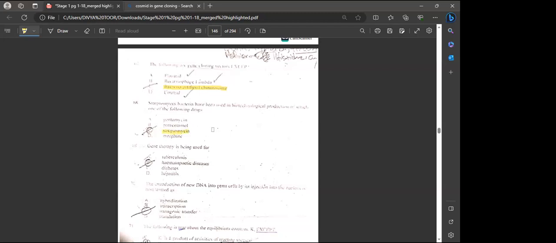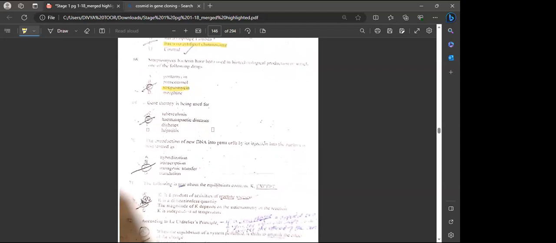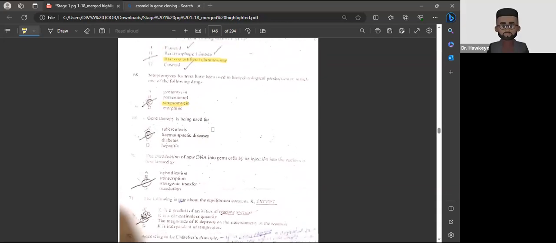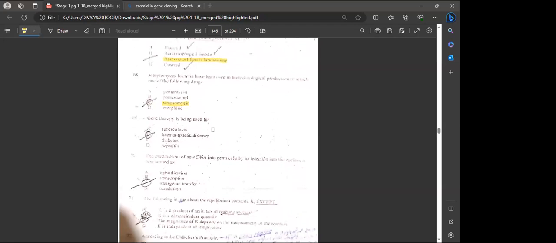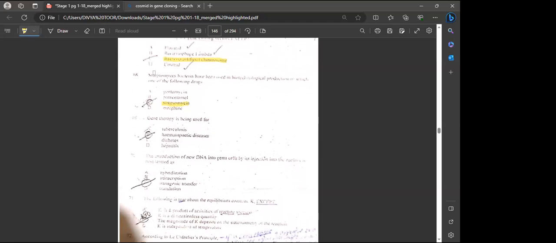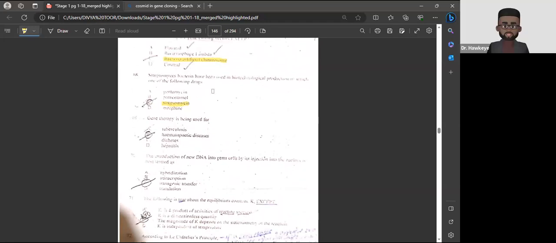Are we just going with the answers that are there? Anyway, that's streptomycin. Which question is that? Is it Saccharomyces, or what is that? Streptomyces. Oh, Streptomyces. Okay. Yeah.